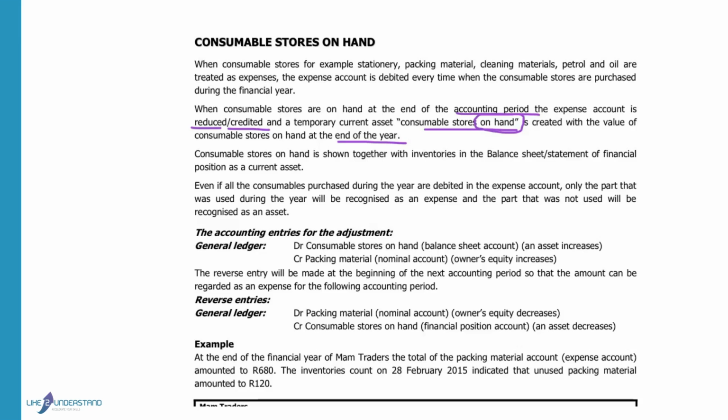So in the following year, these consumable stores must be treated as an expense. Consumable stores on hand, together with the inventories, is shown in the balance sheet as a current asset. So it's an asset to me that I already bought consumable stores in this year that will only be used in the following year.